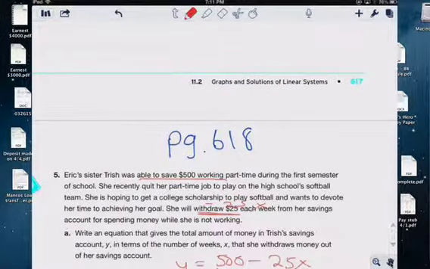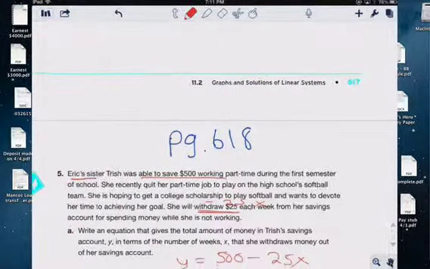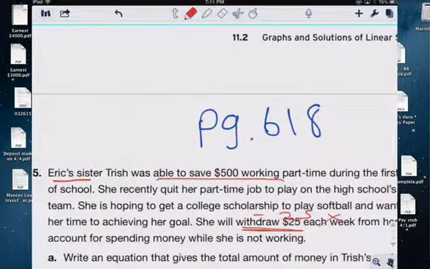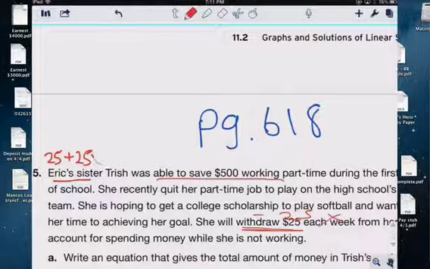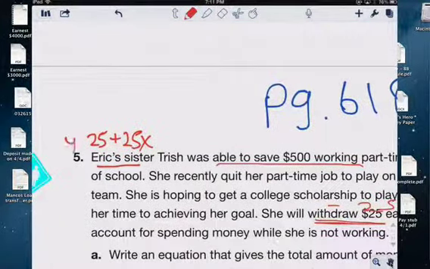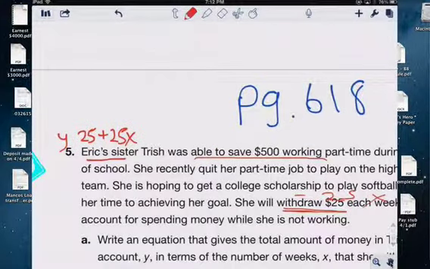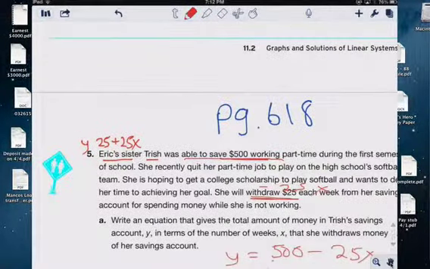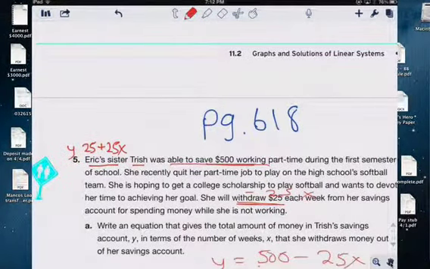Now Eric's sister. Eric was $25 plus 25x, right? Yeah, that's Eric's. His sister, Trish, was able to save $500 working part-time during the first semester. She recently quit her part-time job to play softball.